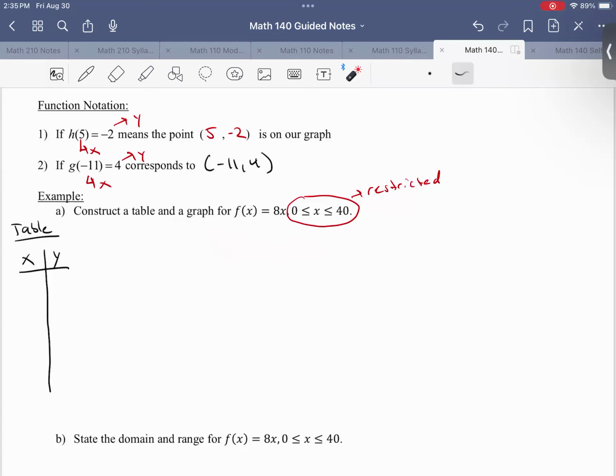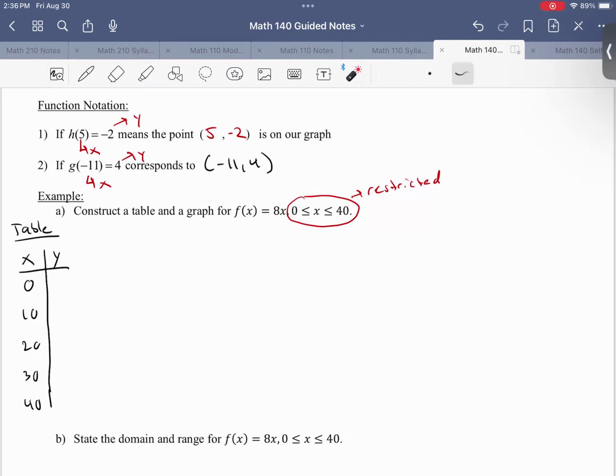There's really many ways to go about this. For this situation, I think we'll just go by tens, like 10, 20, 30, 40, just to make it a little easier on us. So I'll start out at 0, and then go by 10: 10, 20, 30, and 40.